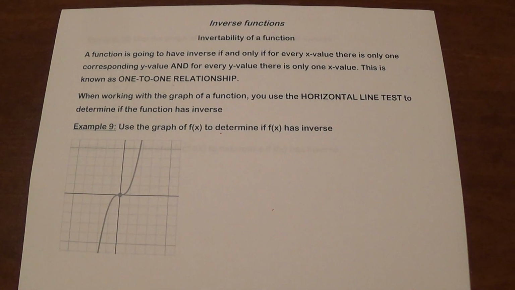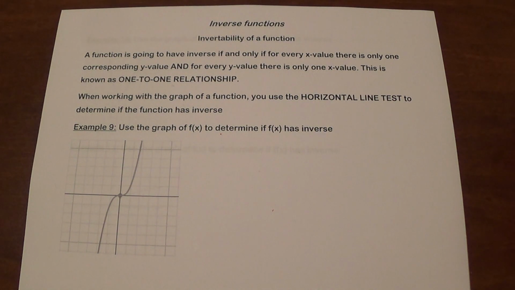Right. Now there's invertibility, which essentially means, does the function have an inverse? Can this be inverted? The function is going to have an inverse if we have what's called a one-to-one relationship, which means for every x there is only one y, and for every y there is only one x.